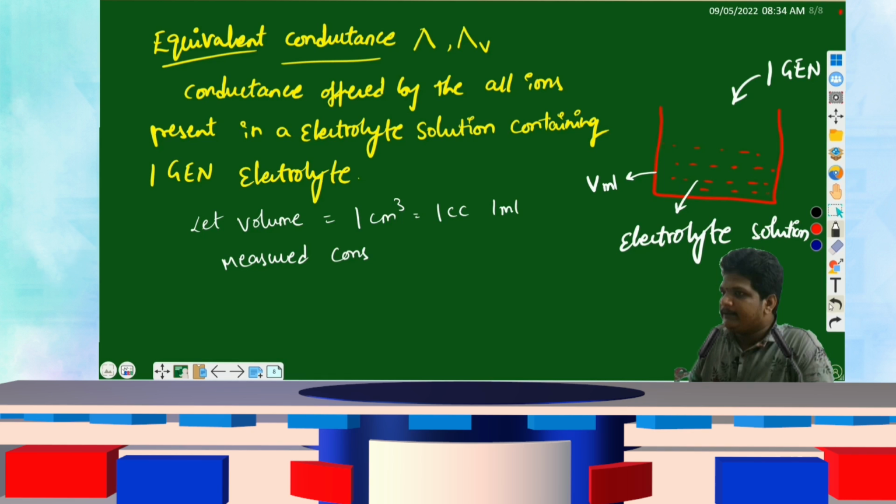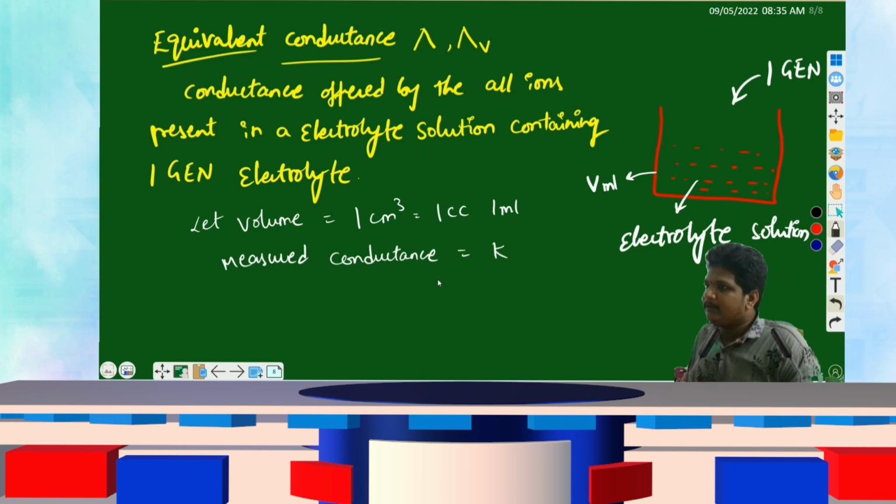If I measure the conductance of this 1 ml of electrolyte solution, the measured conductance is equal to the specific conductance, that is kappa. Getting my point?